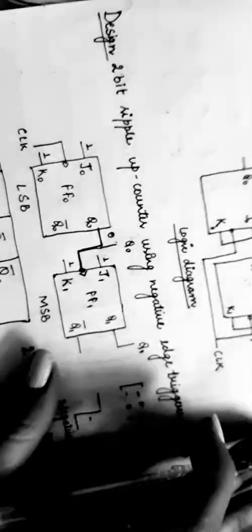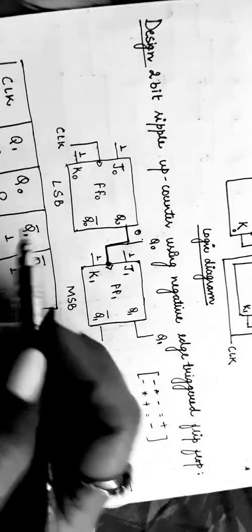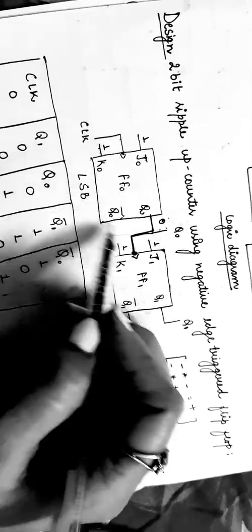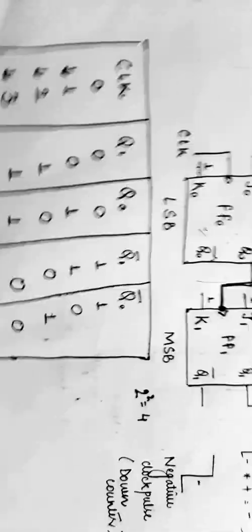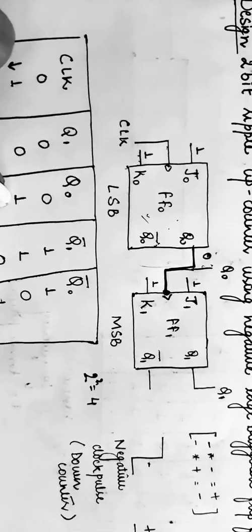When we apply the clock pulse over here, its function is that whatever input is provided at flip-flop 1, it will give the complement of it at the output.